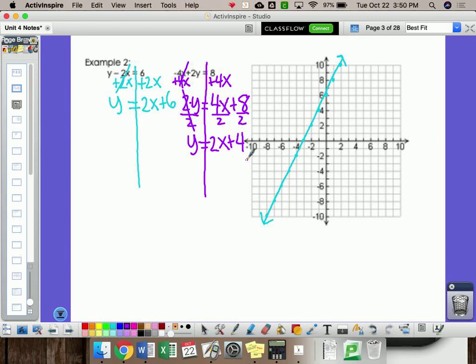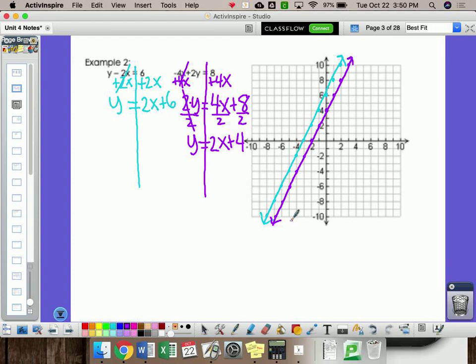So I graph this, and I'm going to begin on my y-axis at positive 4, and then I'm going to do my slope: up 2, right 1, up 2, right 1. If I want to go the opposite direction, I can go down 2, left 1, as far as I can go. And I'm looking for where my lines are crossing.